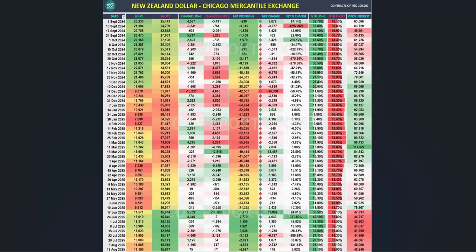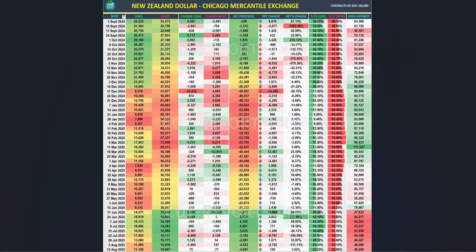And on New Zealand, we can see not much difference. So this is why I said we can expect either a bullish trend or a bearish trend. If the market is given a bullish structure, we focus on that bullish structure. But once the market turns from that bullish structure to a bearish structure, we focus on that bearish structure. On New Zealand, you can see there's not much difference. Only a few people entered a trade on New Zealand as of last week.